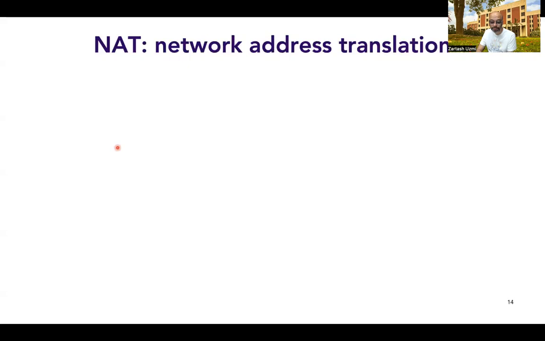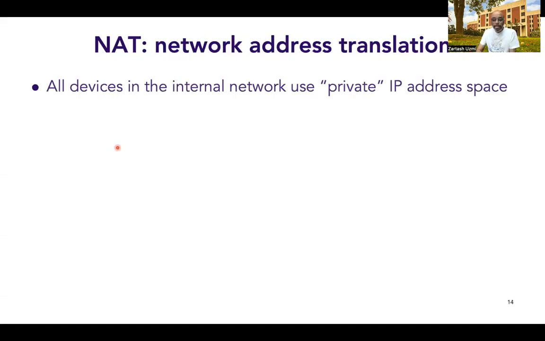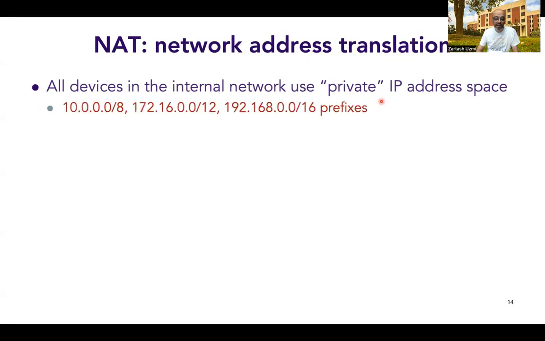So with network address translation, all devices in the internal network use private IP address space. Those 10.0.0 kind of IP addresses are private IP addresses. There are ranges of IP addresses which are designated as private, and one of these private ranges is 10.0.0.0/8, which means the first octet is 10 and the last 3 octets could be anything.